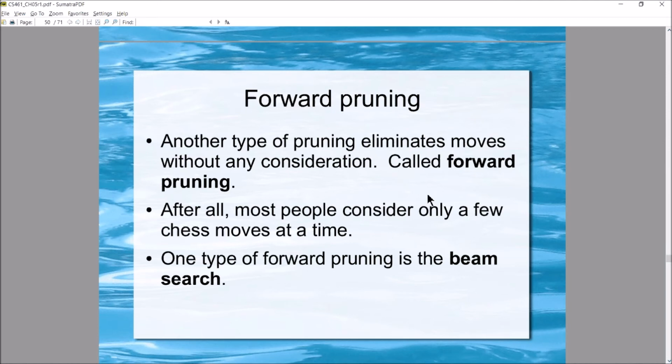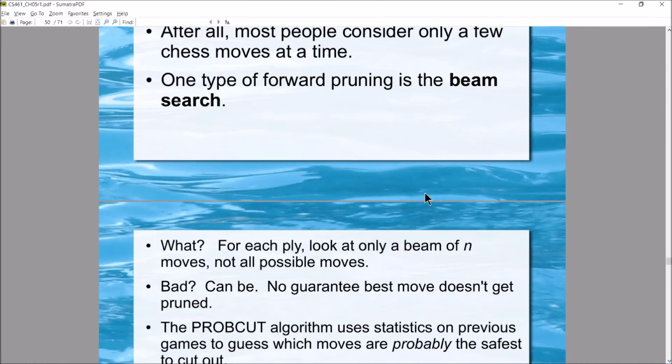Well, you can do a similar kind of thing with respect to the AI. Have the AI only think so many moves ahead. So forward pruning can allow you to eliminate particular moves, particular actions, without thinking about it too hard. One type of forward pruning is the beam search.